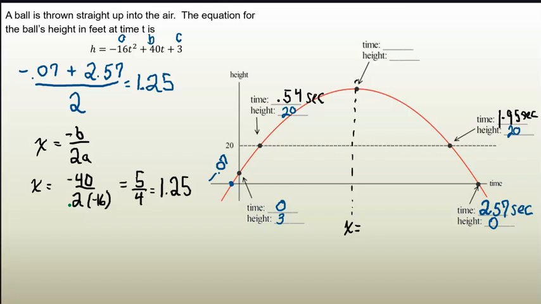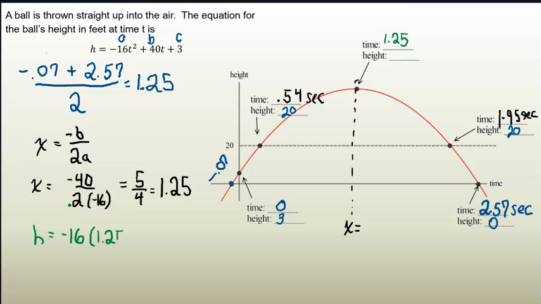Frankly, it also depends on what the question's asking for, because when it asks when an object is going to get to its highest point, you could avoid the quadratic formula and just use the axis of symmetry. Okay, let's plug that in. Now what I need to do, to get the height, is plug that 1.25 into the time of my quadratic function. So remember, quadratics are a function.